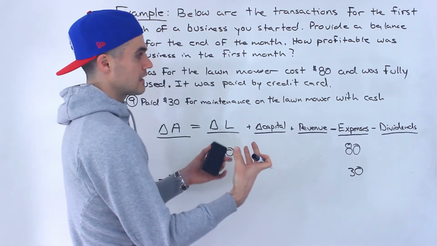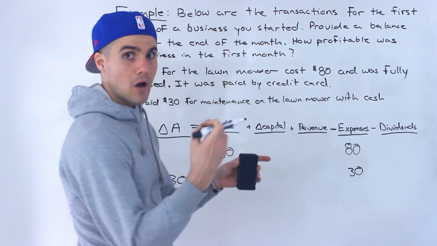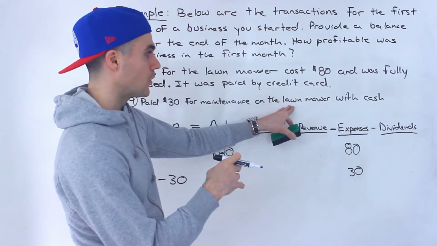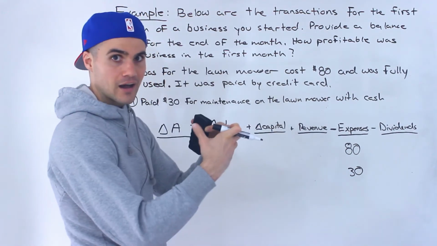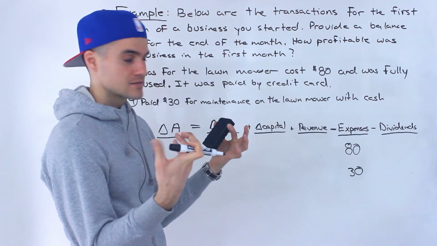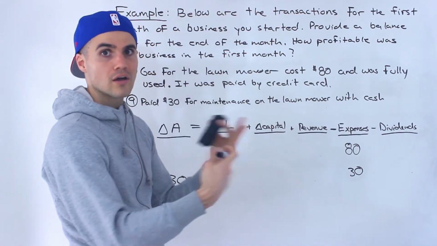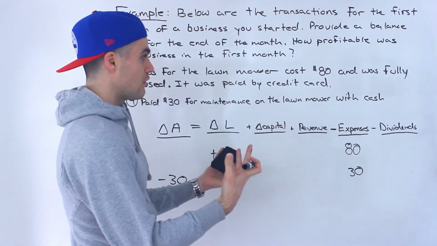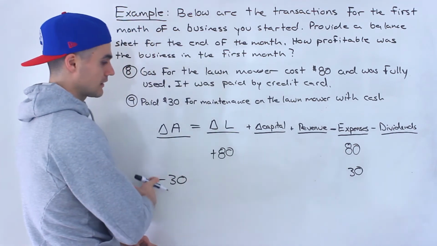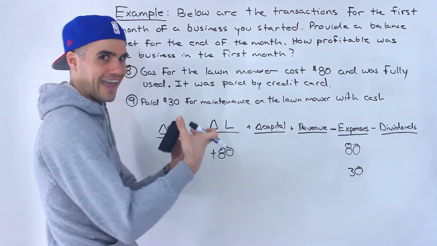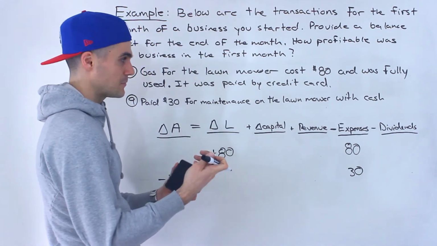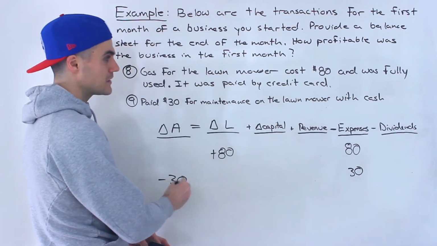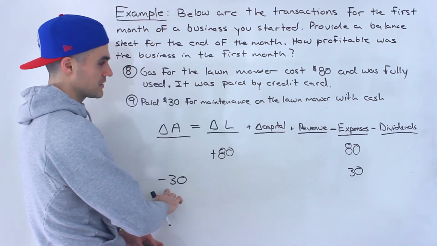Maybe we bought a new part for the lawnmower that enhances its capacity, so it enhances the amount of lawns it could mow. Then potentially you can capitalize it. Basically, anything that enhances an asset's capabilities can be capitalized, so then you'd have a plus 30 here.